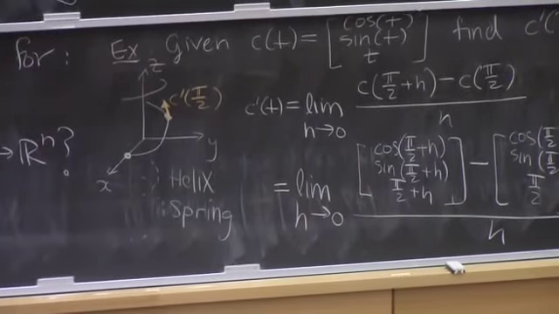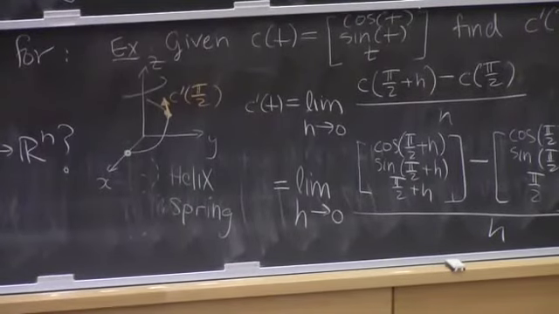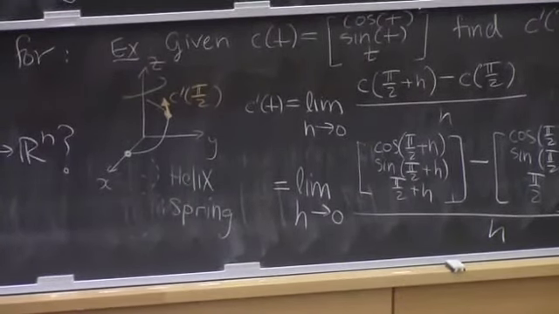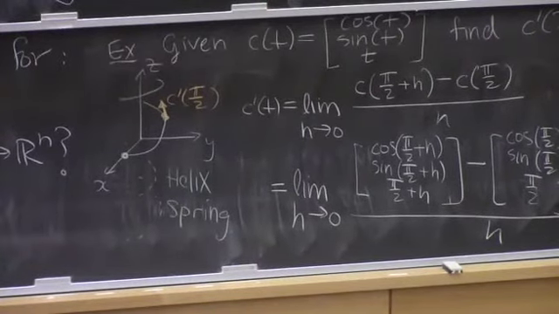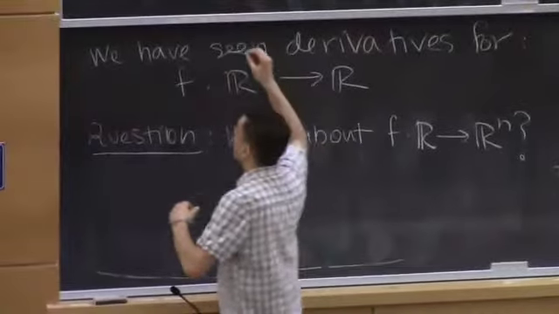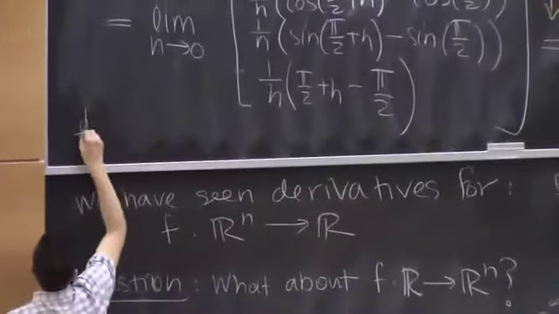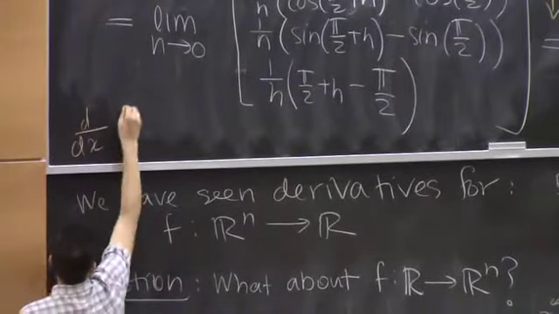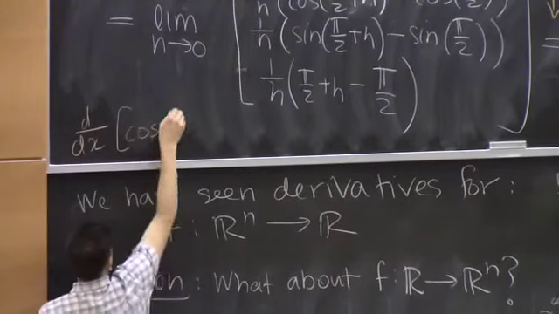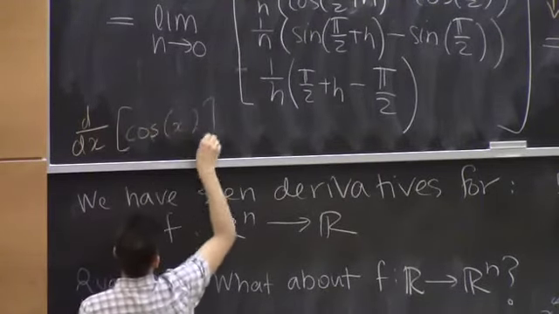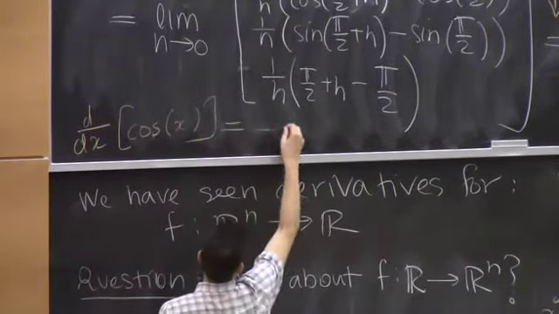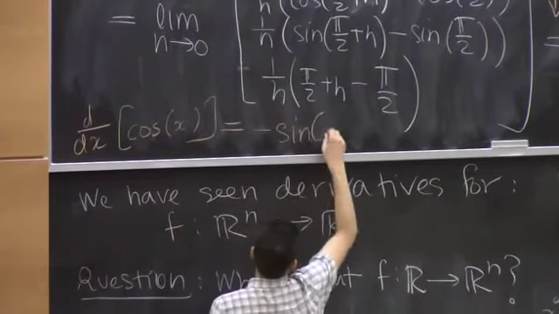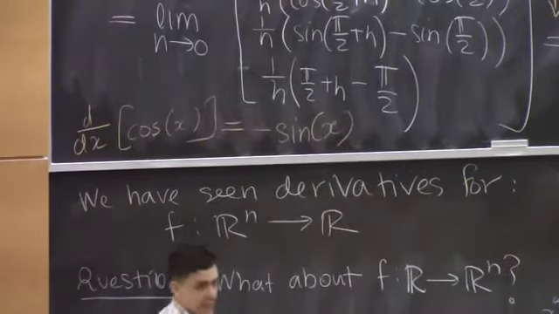Yeah, sure. Where did the sine and cos come from? Key question. The derivative of cos is negative sine.